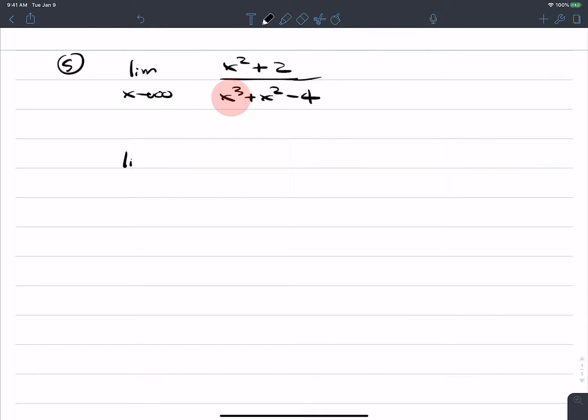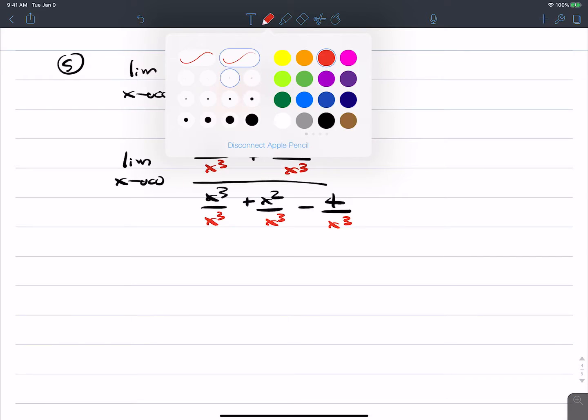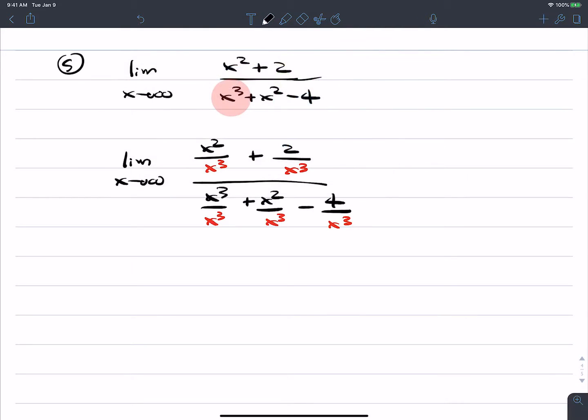Okay. So we can get the limit as x goes to infinity of x squared divided by x cubed, plus 2 divided by x cubed, over x cubed over x cubed, plus x squared over x cubed, minus 4 over x cubed. Okay, let's do some algebra now.